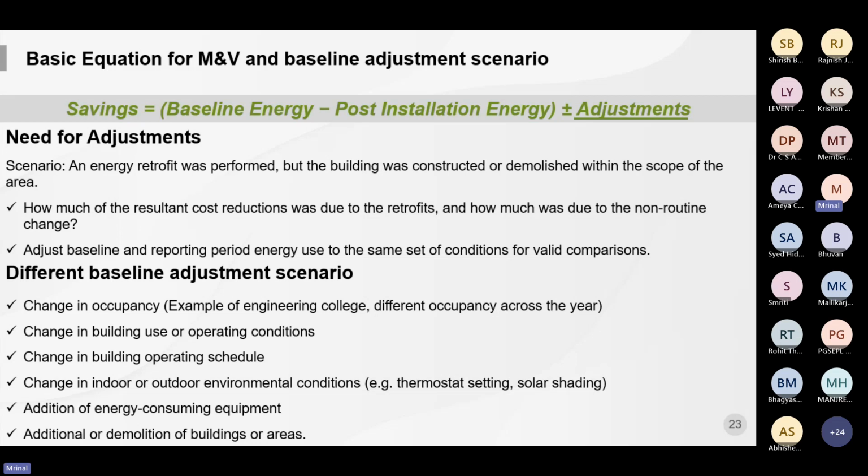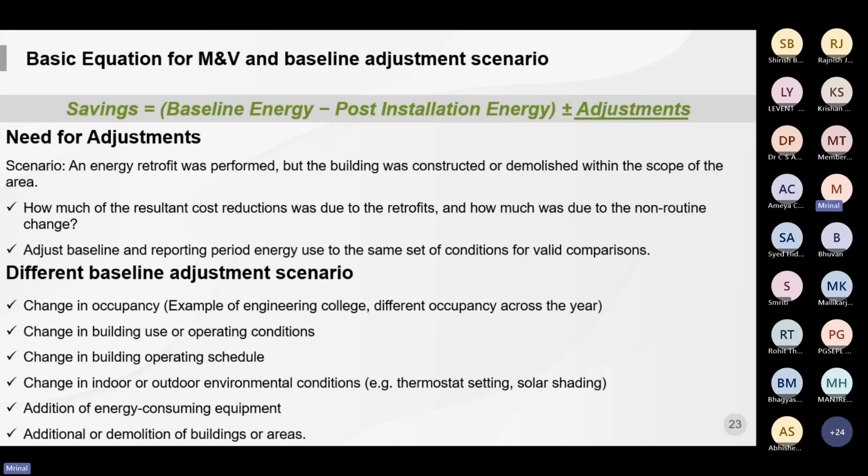Adjustment may be done in case of building use or operating conditions or change in operating schedule. That also comes under the adjustment criteria. In case of change in the indoor or outdoor temperature or environmental condition, that also comes under adjustment, or addition of any energy consumption equipment.